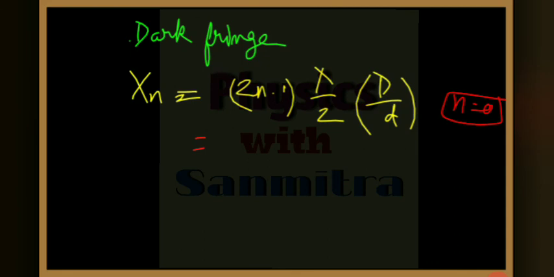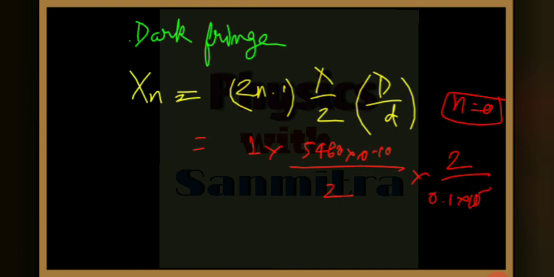So just lambda by 2, lambda I already know, that is 5460 into 10 to the power minus 10, this is Angstrom. 2 into d is 2 into 0.1 into 10 to the power minus 3. So the value of xn will be equal to, 2 and 2 will cancel out, and just 5460 into 10 to the power minus 6 meter.